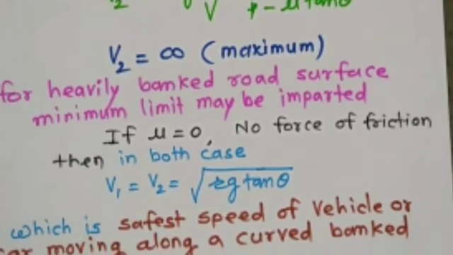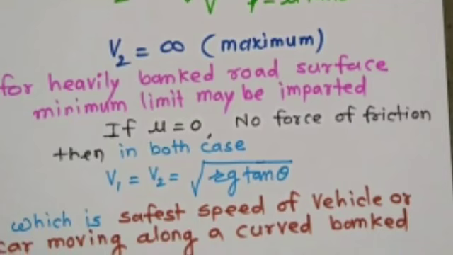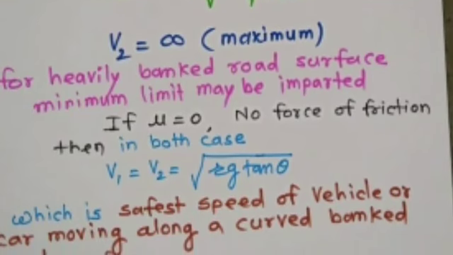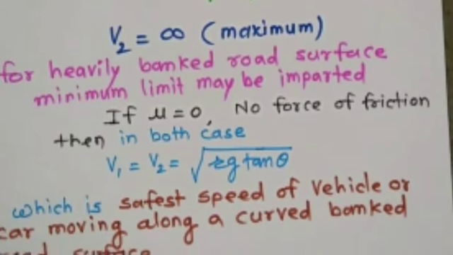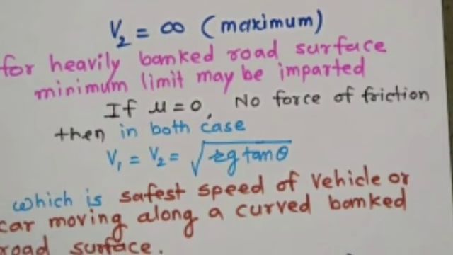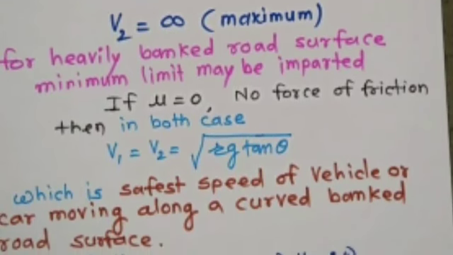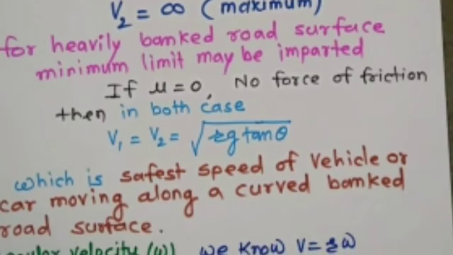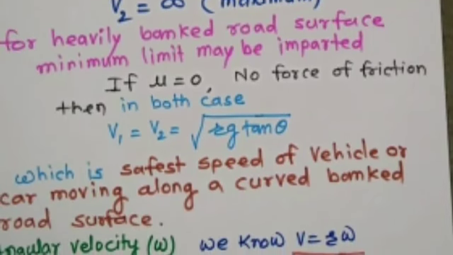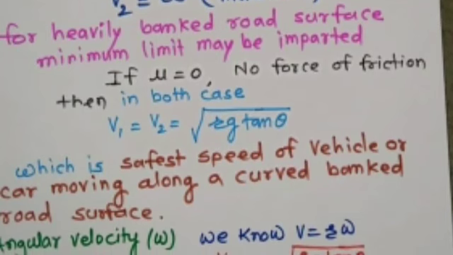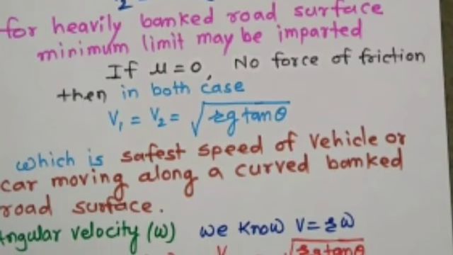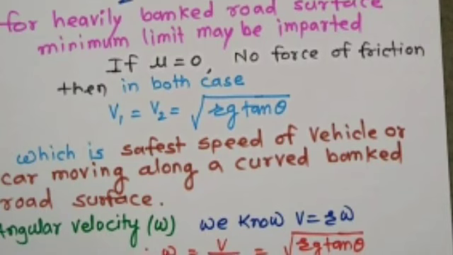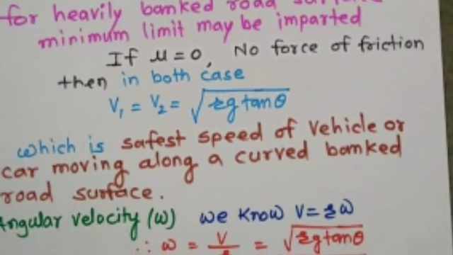But if mu equal to 0, no force of friction, then in both cases v1 equal to v2 equal to square root of rg into tan theta, which is the safe or safest speed of a vehicle or a car moving along a curved banked road surface.